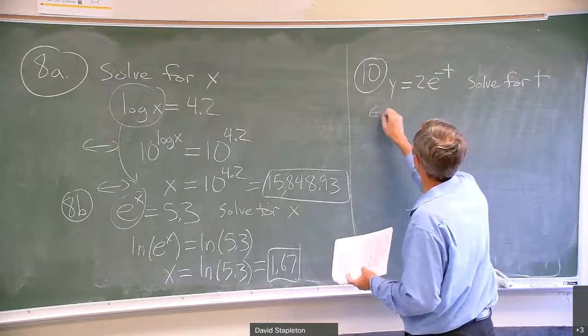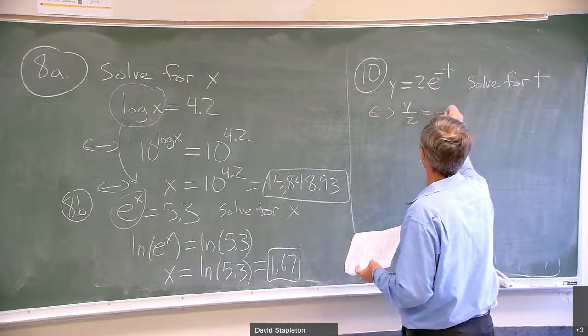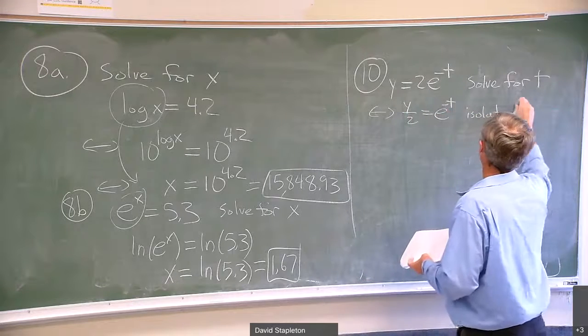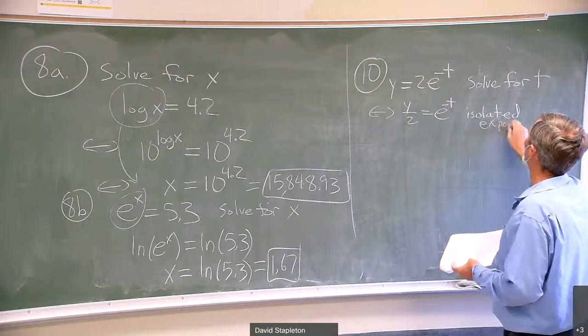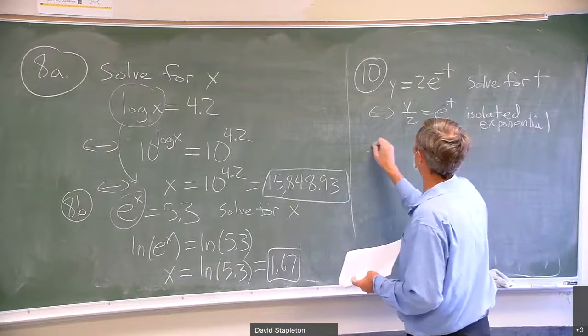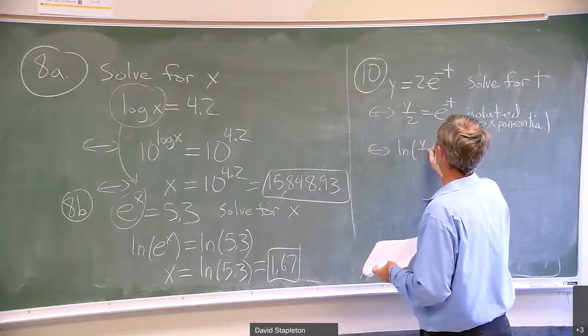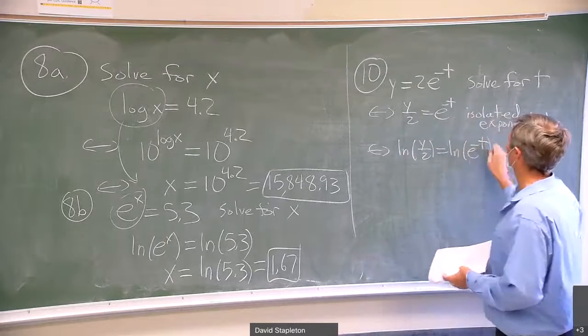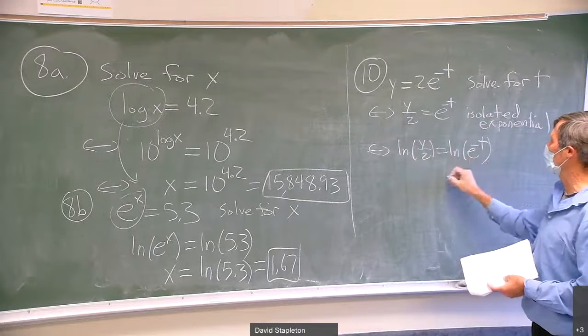So I'll rewrite this by dividing by 2, and y over 2 equals e to the minus t is the isolated exponential. Then take logarithm of the same base of each side. Take ln of y over 2 equals ln of e to the minus t. And the logarithm base e and the exponential base e undo each other.